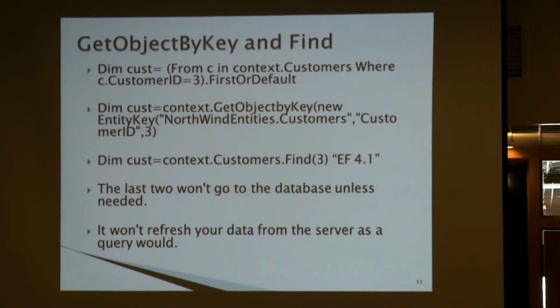Now, the good thing about Entity Framework 4.1 is they've defined a new context. The context is, as you saw, the one that I always use to call tables, context dot. There's something called DbContext. See the third line: customer equals context.Customers.Find(3). This is much better, right?